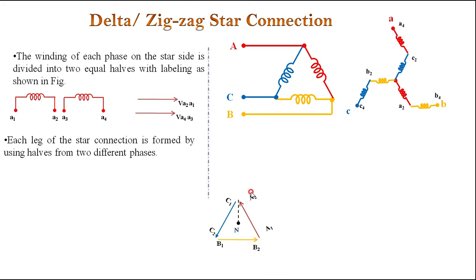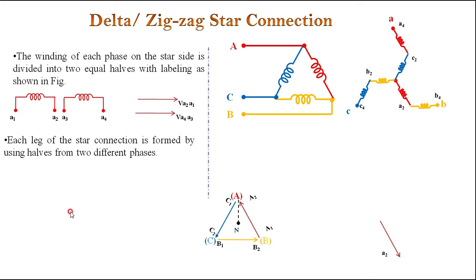Then we have the star, with the reference n. Now these are the terminals A, B and C. This is the phase voltage as well as the line voltage of A, the phase and line voltage of phase B, and the phase and line voltage of phase C of the primary winding.